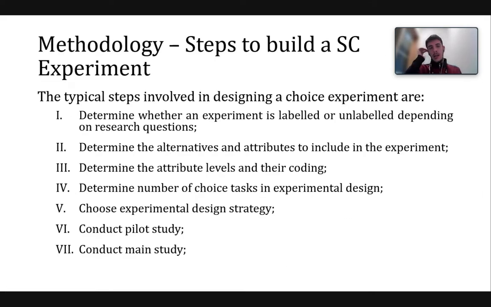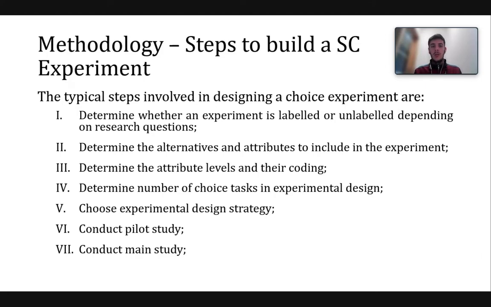Running and designing a stated choice experiment is a very long process, sometimes very tedious. I listed here the main steps that you need to follow to have a standardized experiment, let's say. I will not go into too much detail here because otherwise it would take hours.